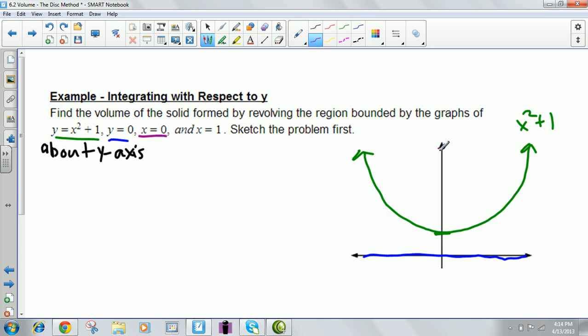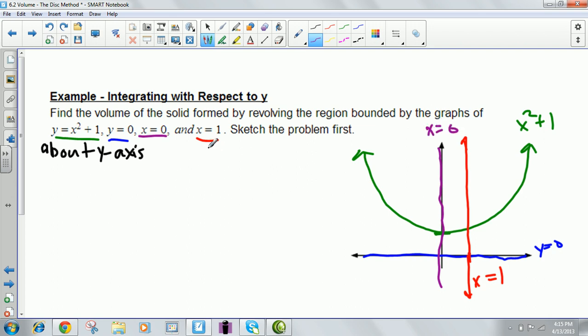X equals 0 is this line here. That's not so straight. That's okay. And running out of colors here, we'll just do red. And then x equals 1. Y equals 0.